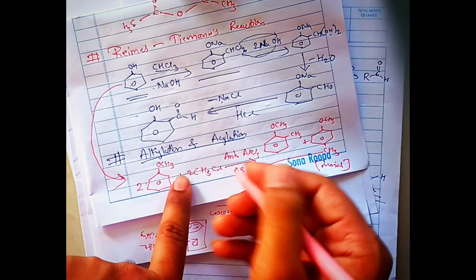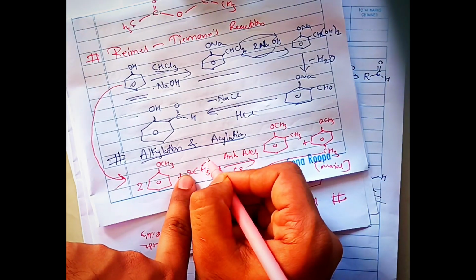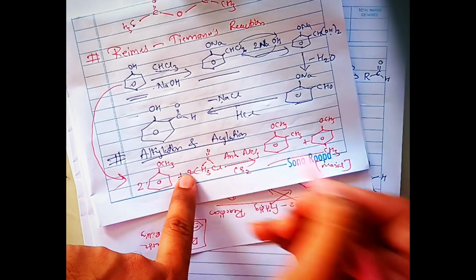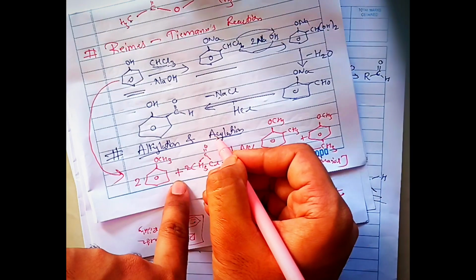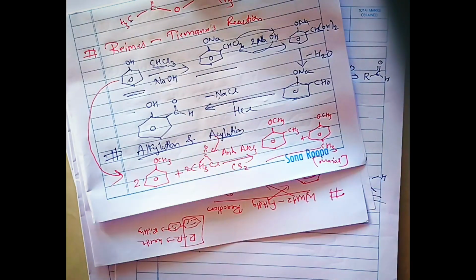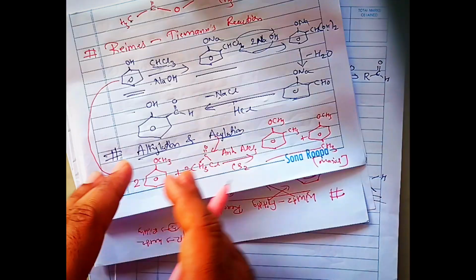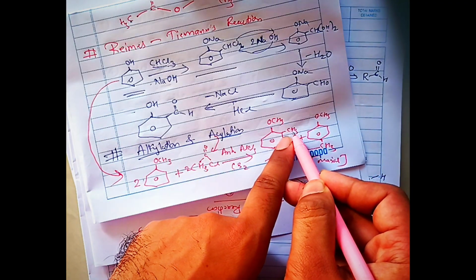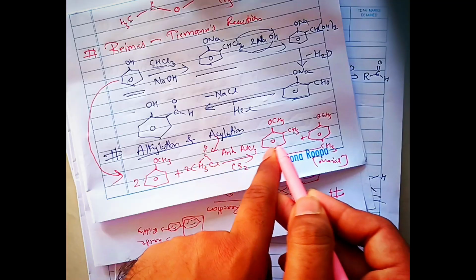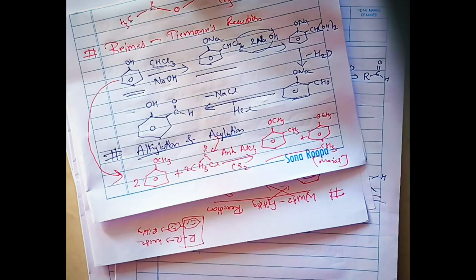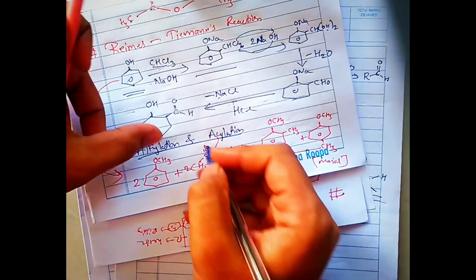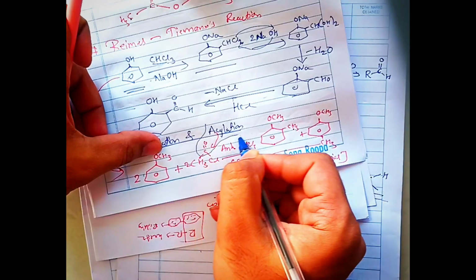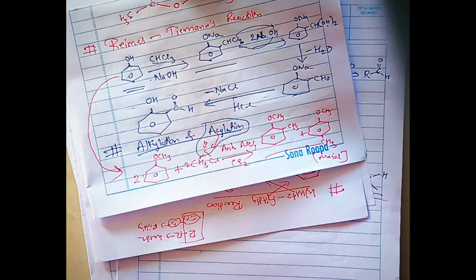In the acylation, just a CO group will be added, that's all. Both alkylation and acylation will be similar. Here an alkyl group is added, in acylation an acyl group will be added. Okay, this will be extra.